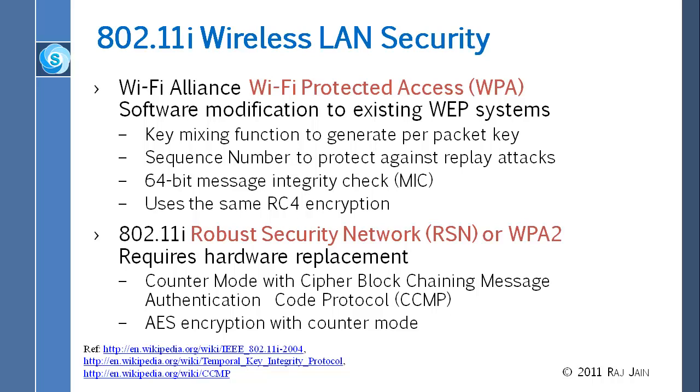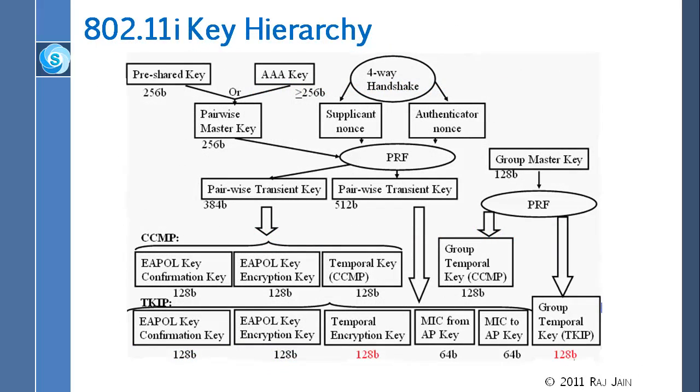This is a different counter than that counter. So this is the key which is used for all three of these purposes, except that here the encryption is so strong that you really don't need three different keys. This is AES, as opposed to RC4 here. Anyway, then you need a group temporal key, and again this is a 128-bit key for the group broadcast, so I don't see why it should be 256 here.